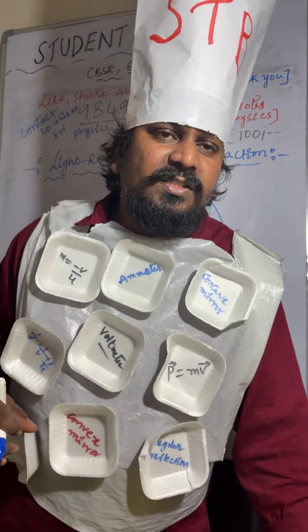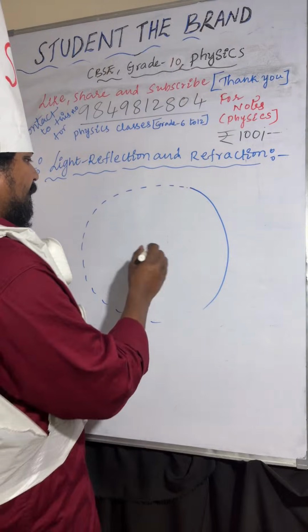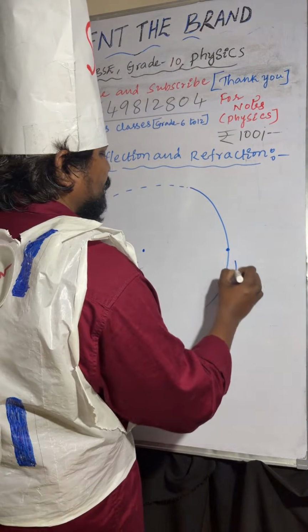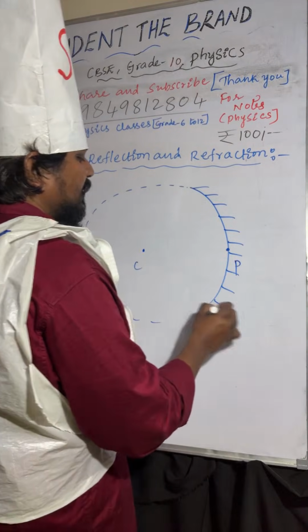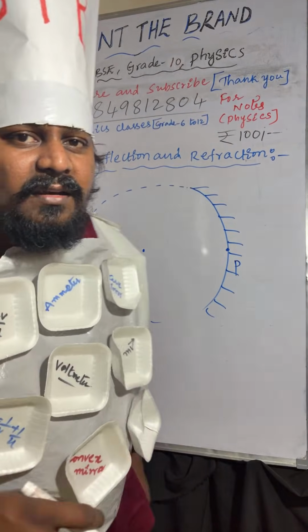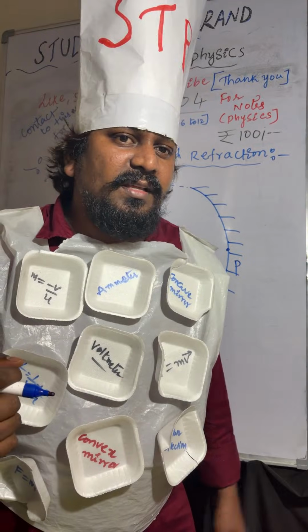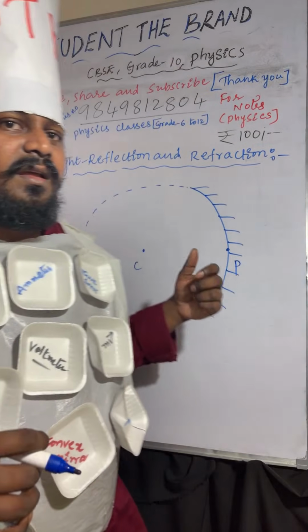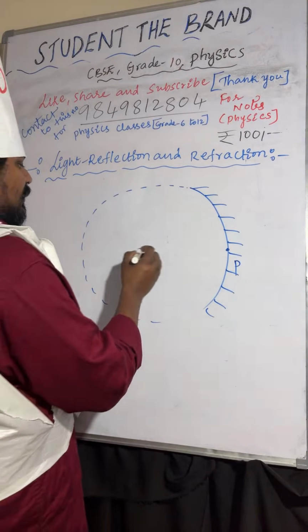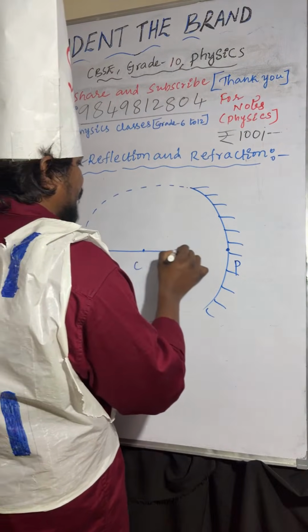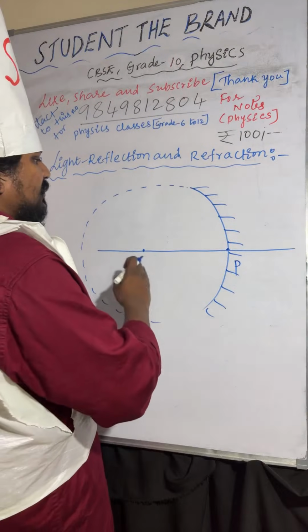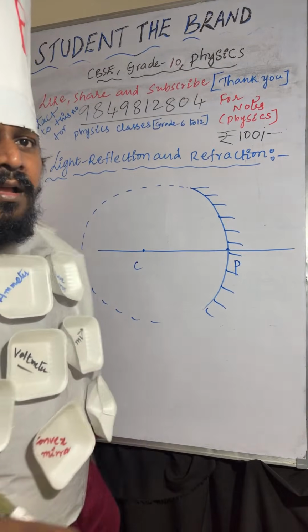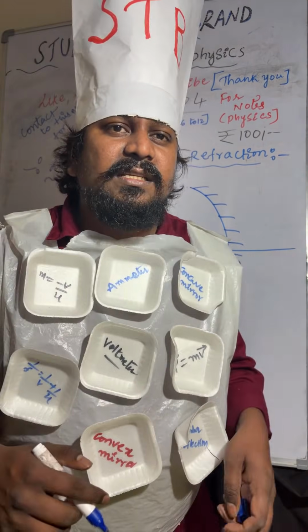Understood? Just check once. Here, this is the pole. What type of mirror is this? Concave mirror. The line joining the center of curvature and pole is called principal axis.